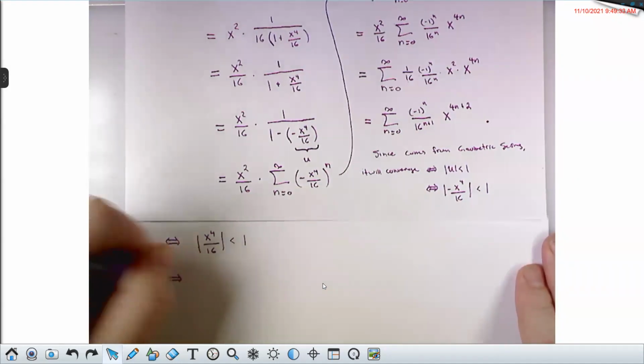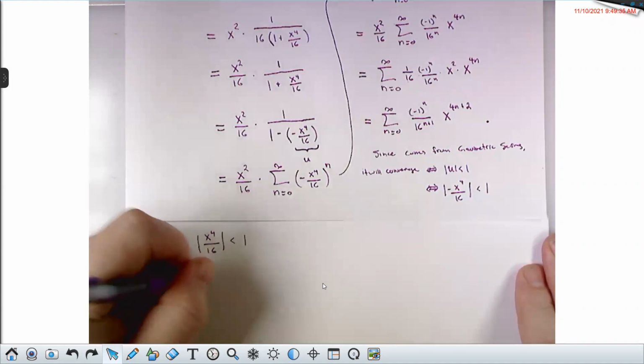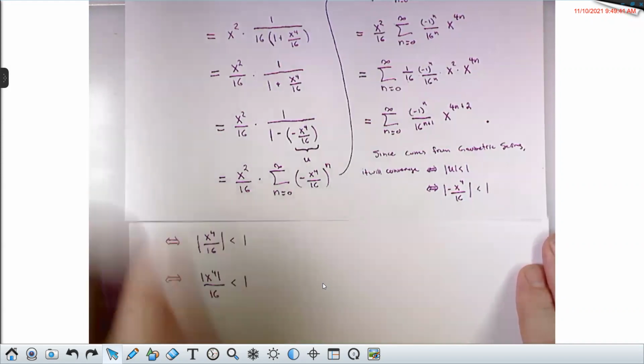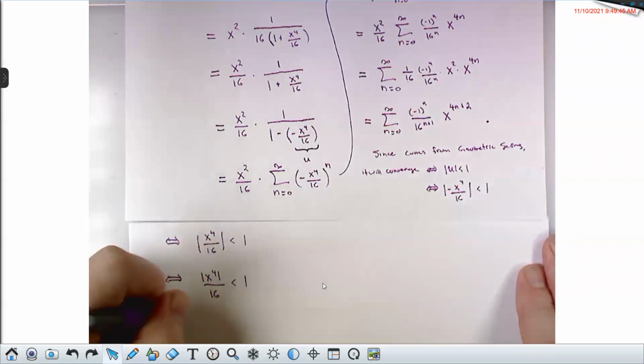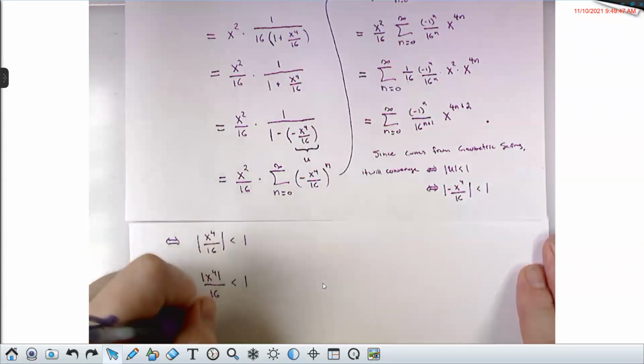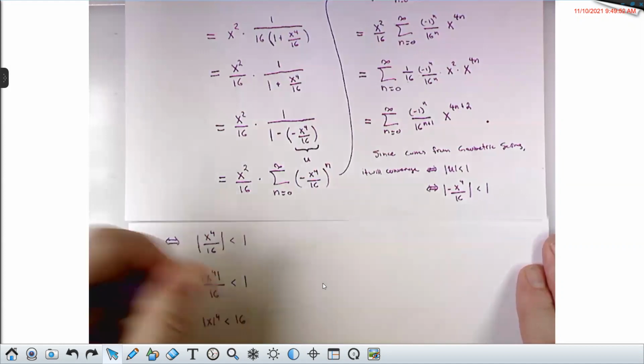Then you can split up the absolute value as the absolute value of the top over the absolute value of the bottom. Absolute value of 16 is 16. Multiply both sides by 16 and bring the power out of the absolute value. You get absolute x to the 4 is less than 16.